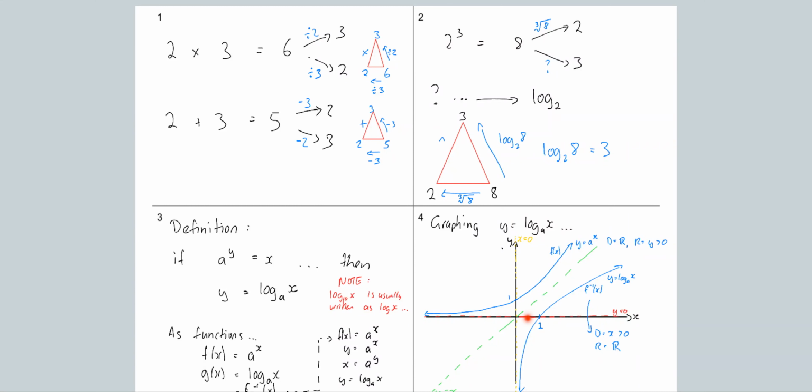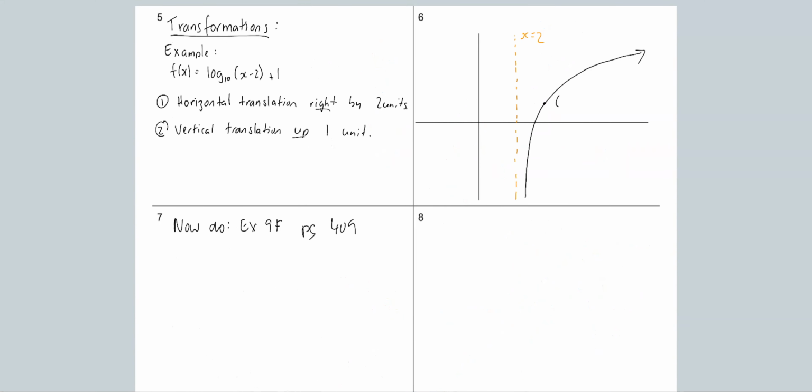It always will be 1 unit across. So when I translate this graph, I'm going to go 1 unit across, but also 1 unit up because of this. So that means that the new point is going to be 3, 1, like so.